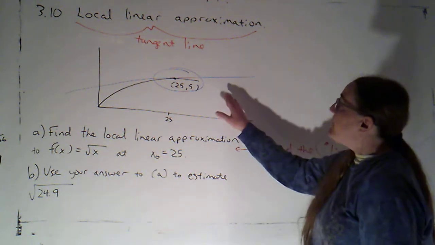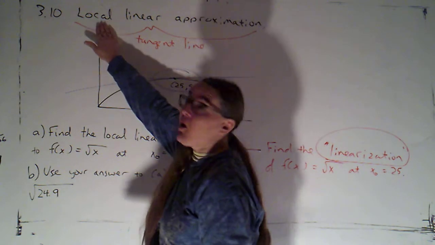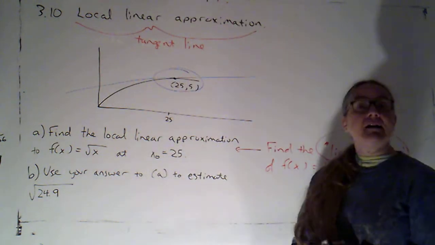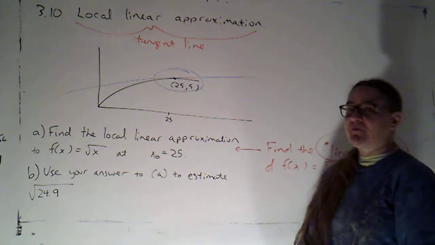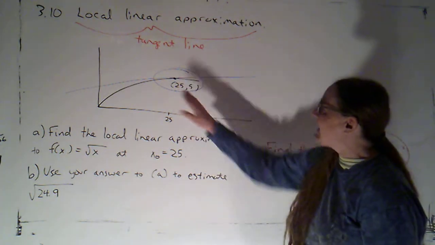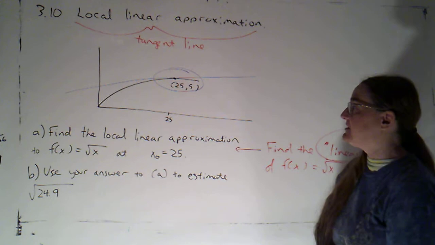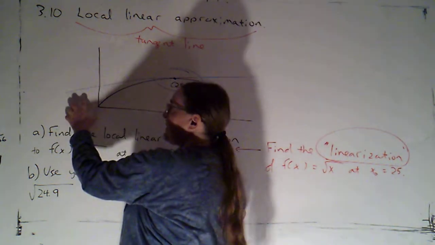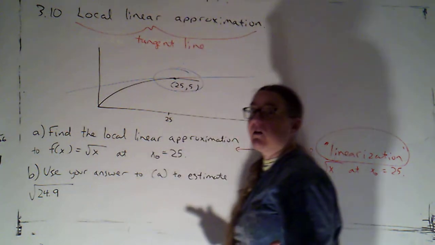Okay. But we have to qualify. It's the local linear approximation because the tangent line only does a good job of approximating the function at and near the point of tangency. If I go too far to the left, the line still exists, the function ceases to exist at all.